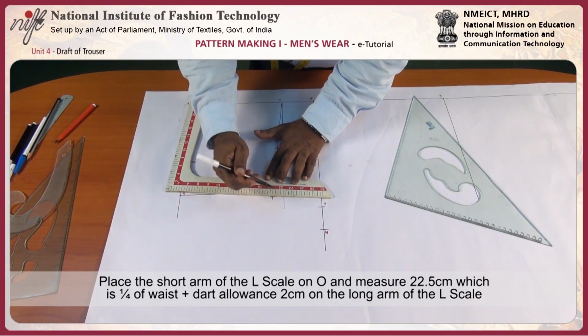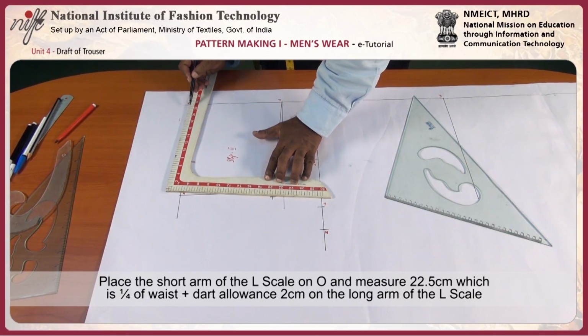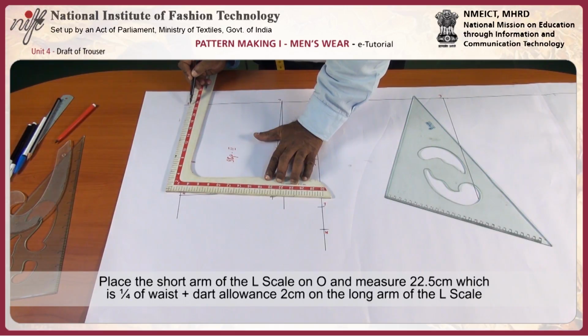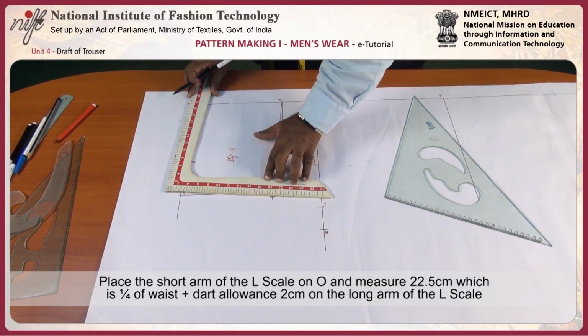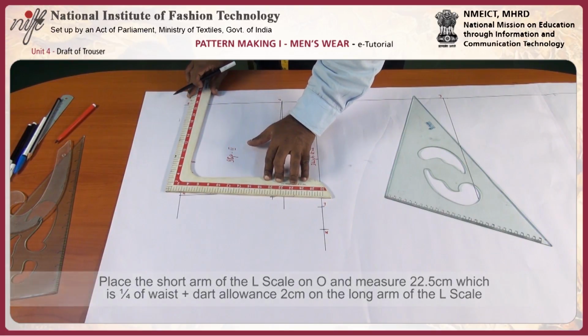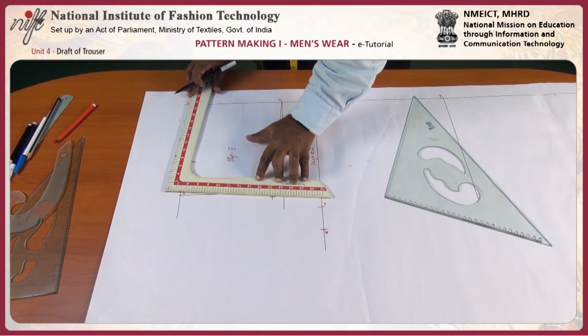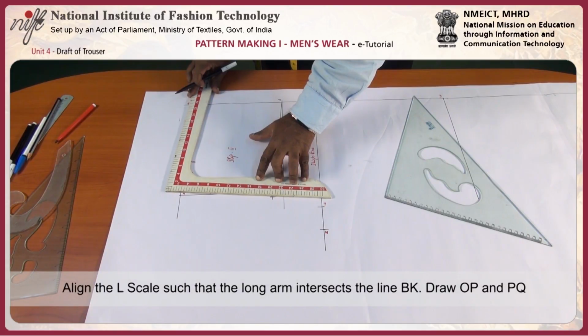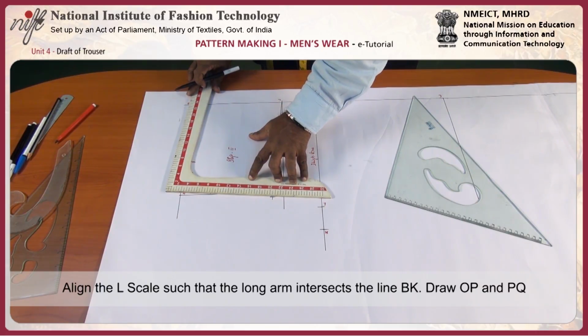Align the L scale such that the long arm intersects the line BK. Draw OP and PQ as shown in the figure.